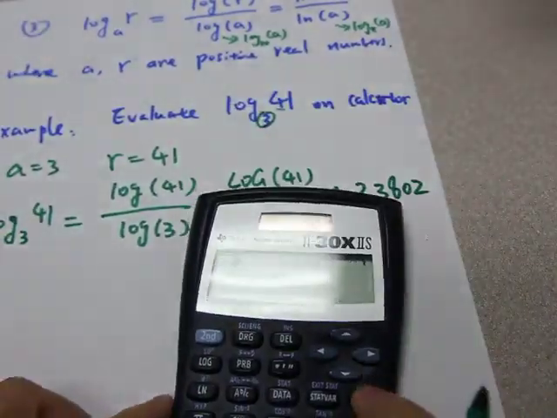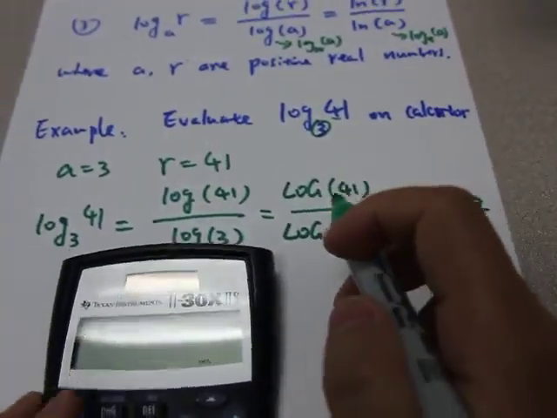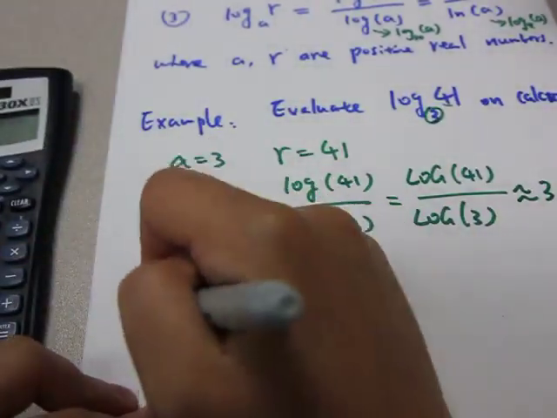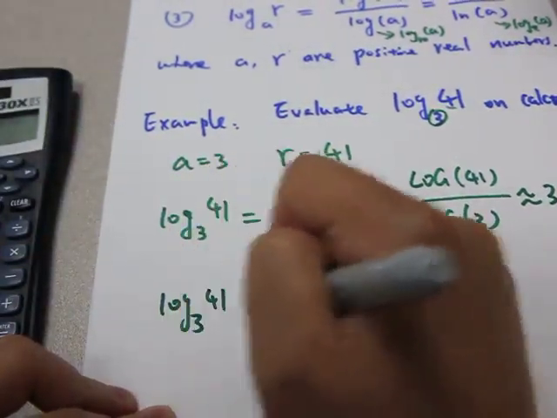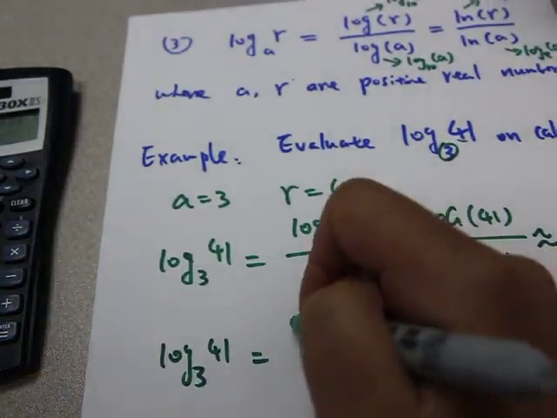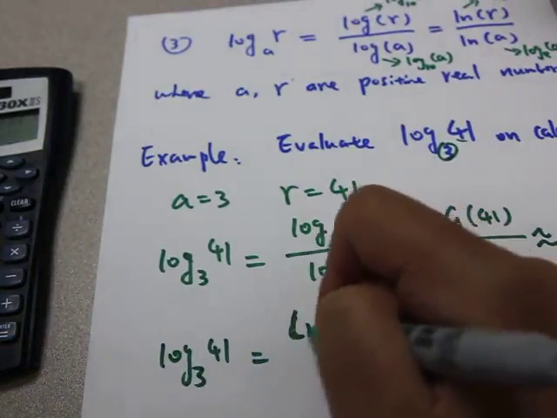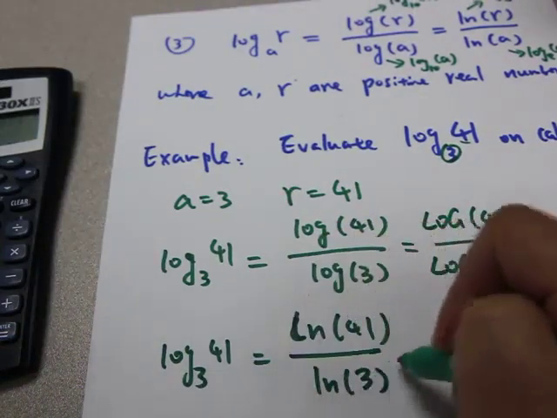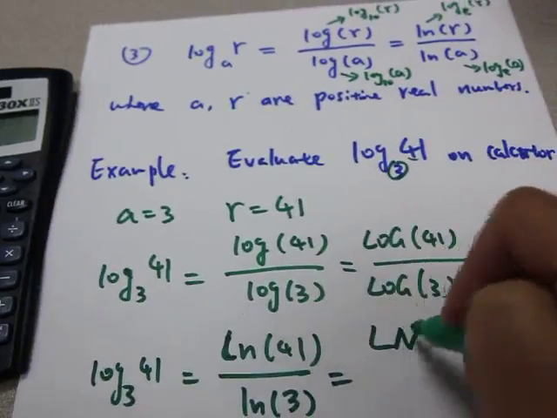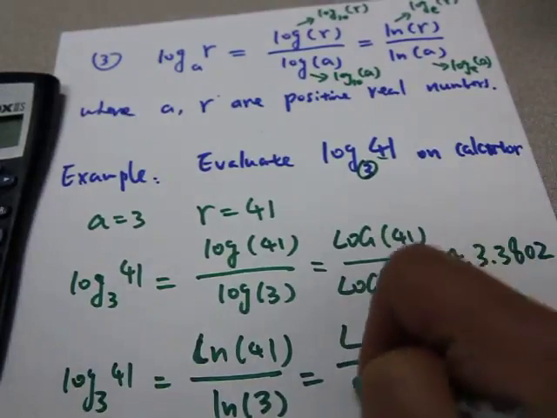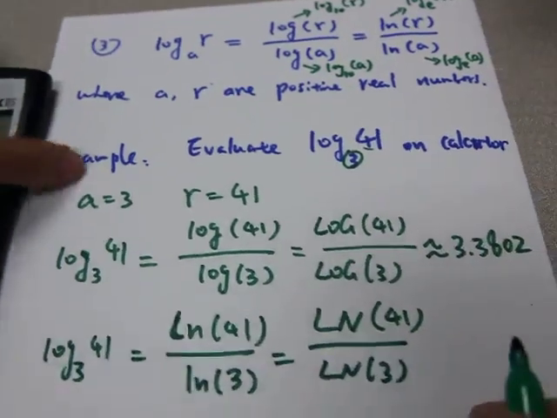And you will see, here I'm using the common logarithm. Now if I use the natural logarithm, I will get the same result. So this time, I'm going to use this.